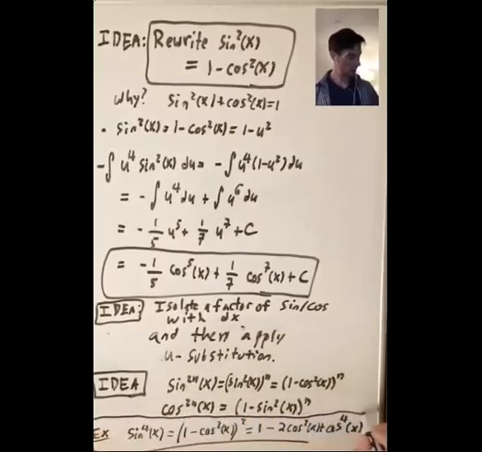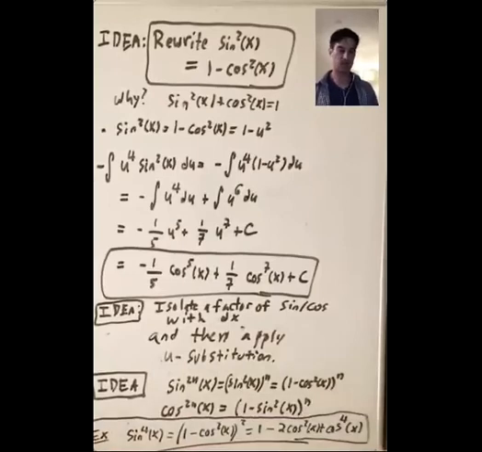So if you have an integral that has an even power of sine, you can rewrite it entirely in terms of cosine. This will be very helpful when we want to apply u substitution and take an integral that's entirely in terms of x and write it entirely in terms of u.